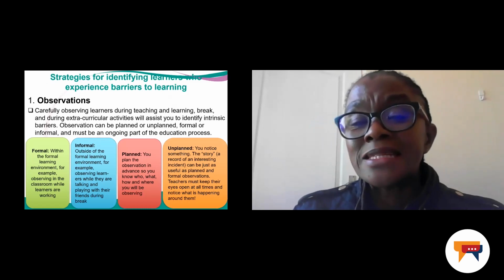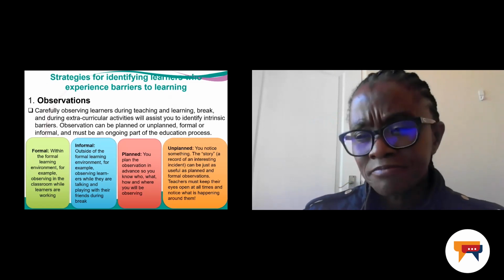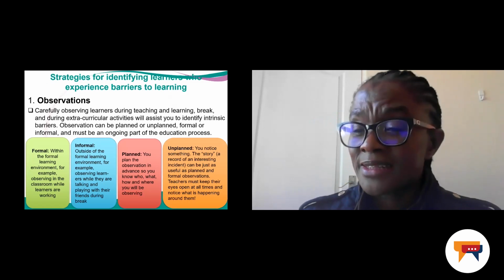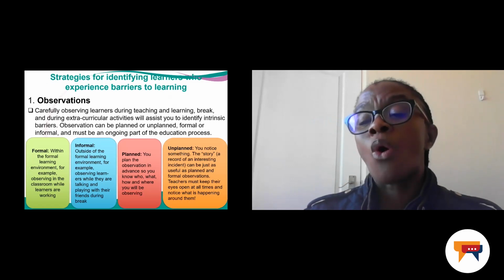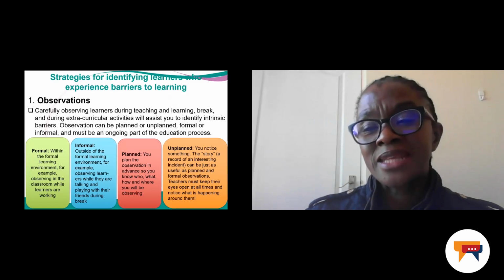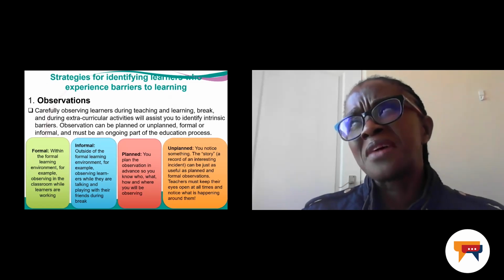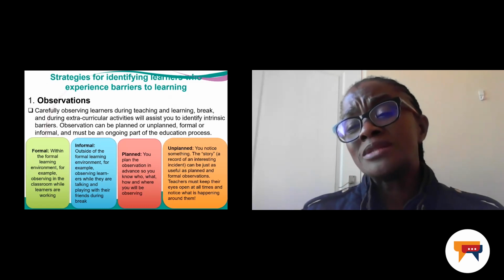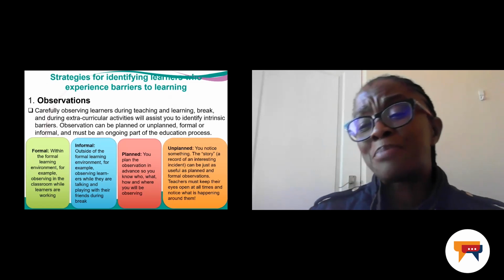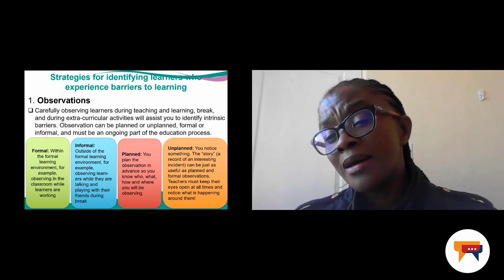Strategies of identifying learners who experience barriers to learning. We have different strategies on how to identify. Observation is the core strategy, because you observe the learner in the morning, during teaching and learning, at break time when they are playing outside, before going to school.